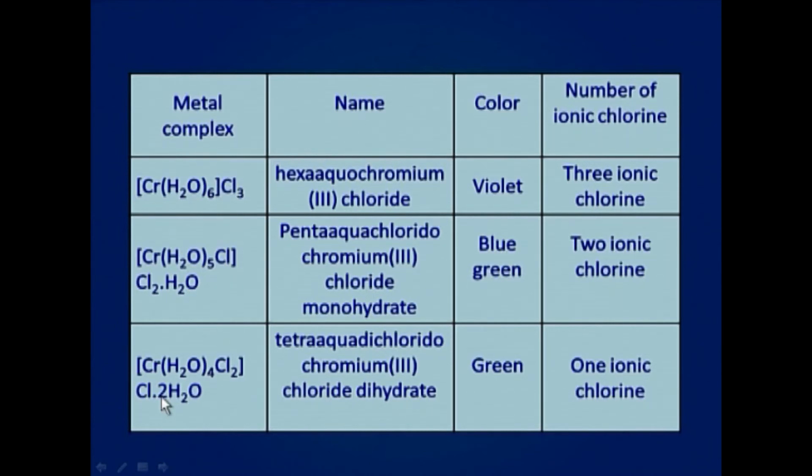This complex is named as tetraaquadichloridochromium(III) chloride dihydrate. This is green in color and only 1 ionic chlorine is present. So, these 3 are hydrate or solvate isomers.